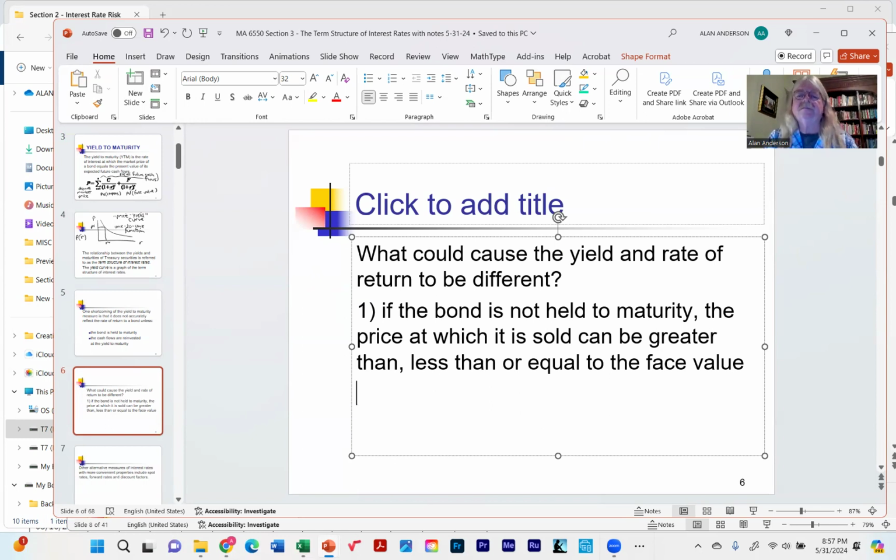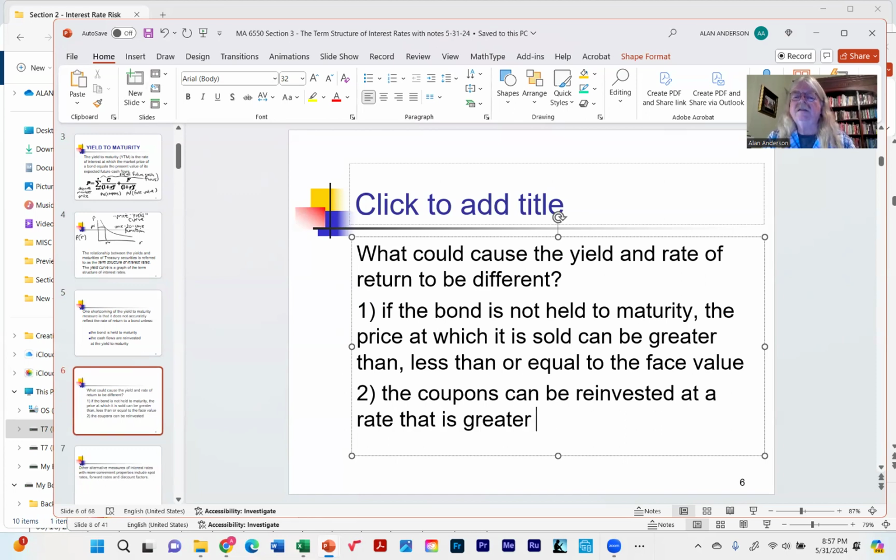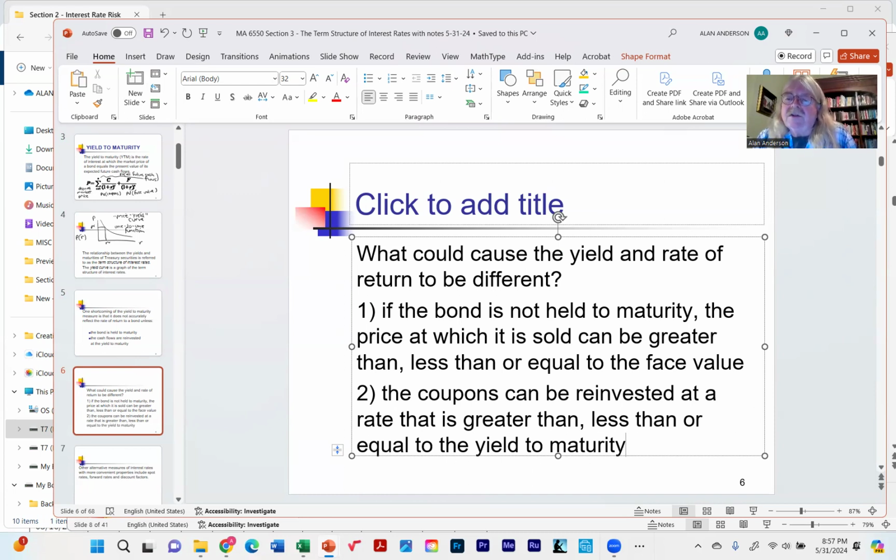And number two, coupons can be reinvested at a rate that is greater than, less than, or equal to the yield to maturity. And of course, that will also affect our rate of return.